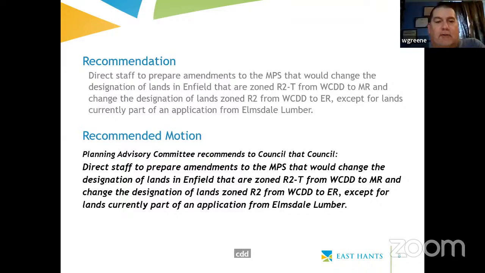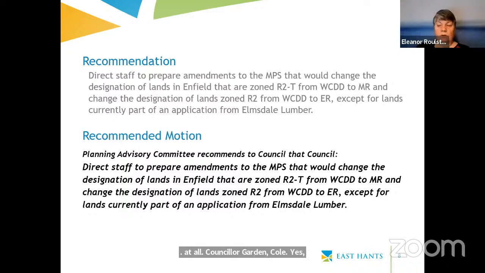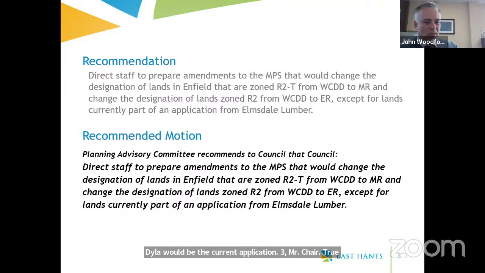Is that all, Councillor Garden Cole? Yes, thank you, Warden Rolston. What would happen if we remove those lands from the WCCD now? That wouldn't affect the current application. Through you, Mr. Chair, true. I think it's a little bit confusing if you have two things going on at the same time for the same piece of land, but you're right. Council could give us direction to do that. This review is not going to be completed until probably closer to the end of the year.